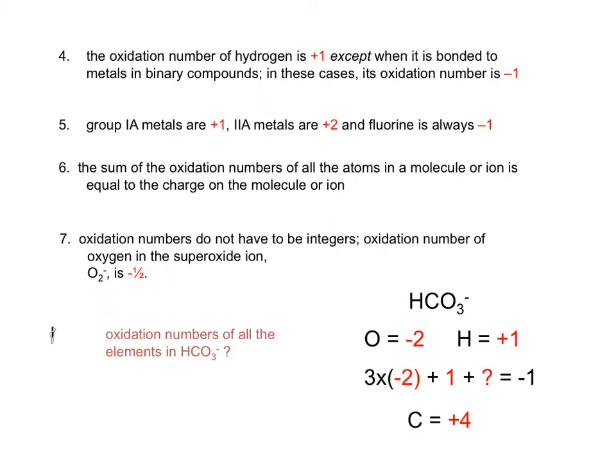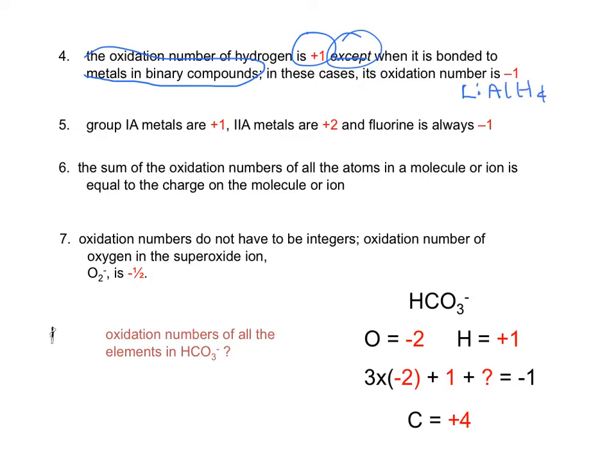Oxidation number of hydrogen is normally +1. We know that hydrogen is in group 1, so it usually follows those trends. However, there is a big exception, and that's when it's bonded to metals. So let's look at this. Lithium aluminum hydride.